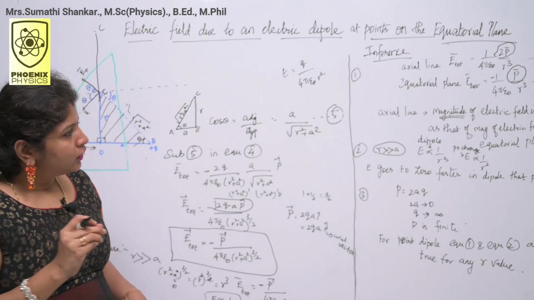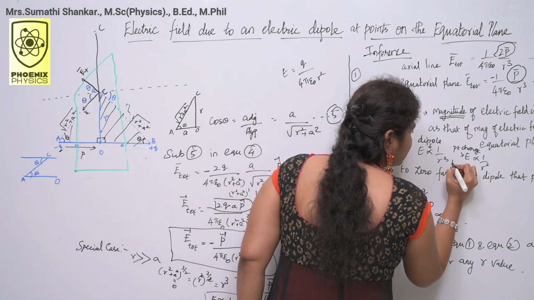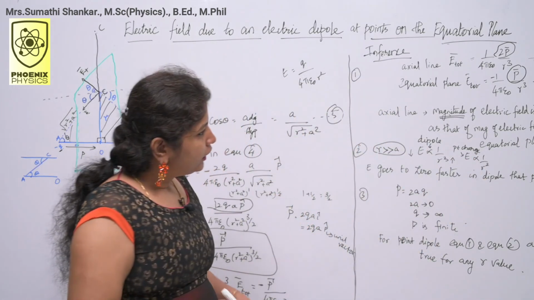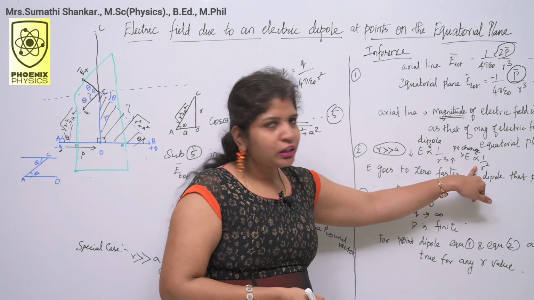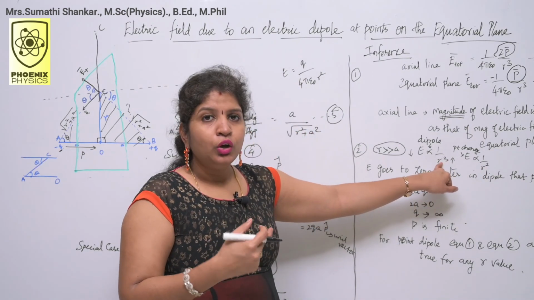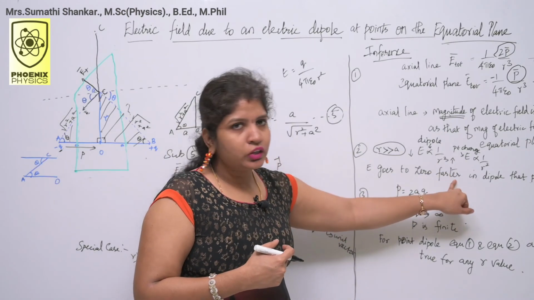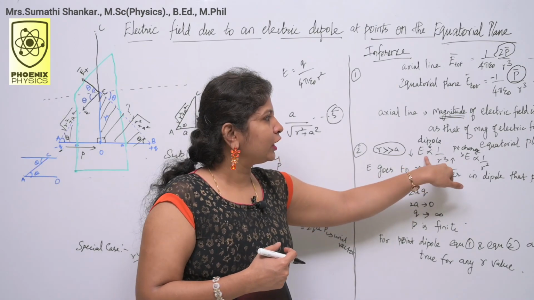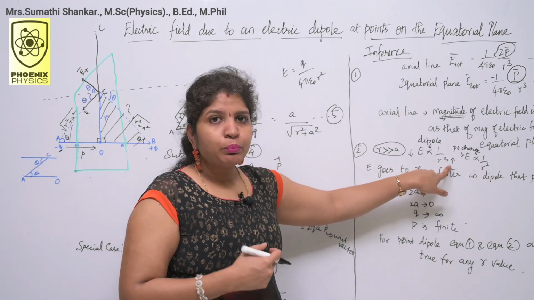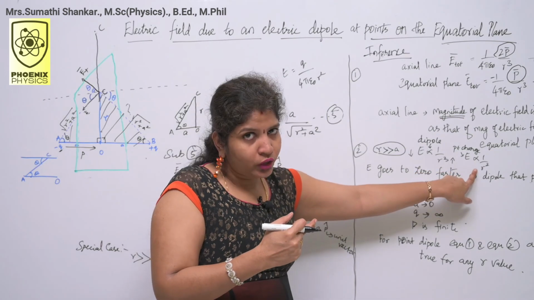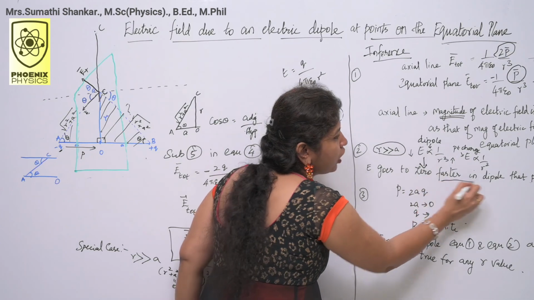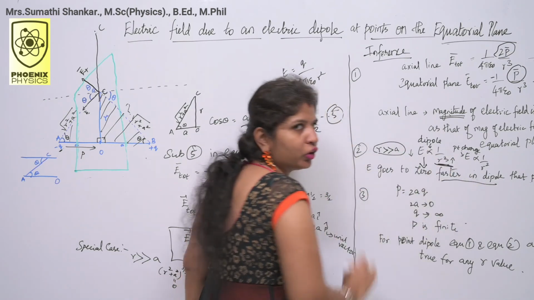You know that when R increases, E decreases in both formulas. Here with R square, when R increases E decreases. Here I have R cube. So E goes to 0 faster in a dipole than a point charge. Why? Because here E is inversely proportional to R cube, here R square alone.